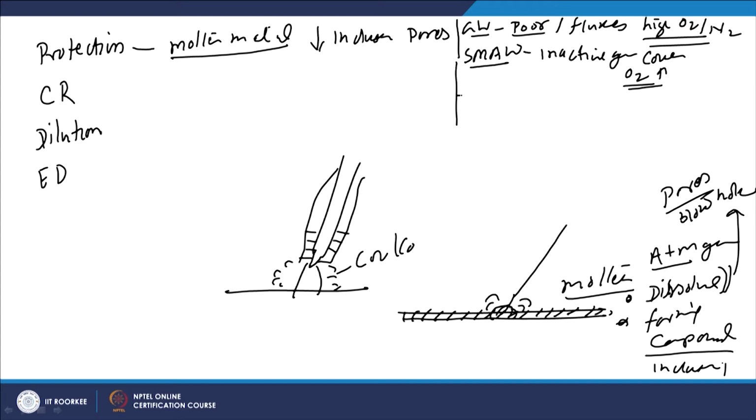While in the case of gas metal arc welding or gas tungsten arc welding processes, we use an inert gas cover to protect the molten metal pool from interactions with the atmospheric gases.